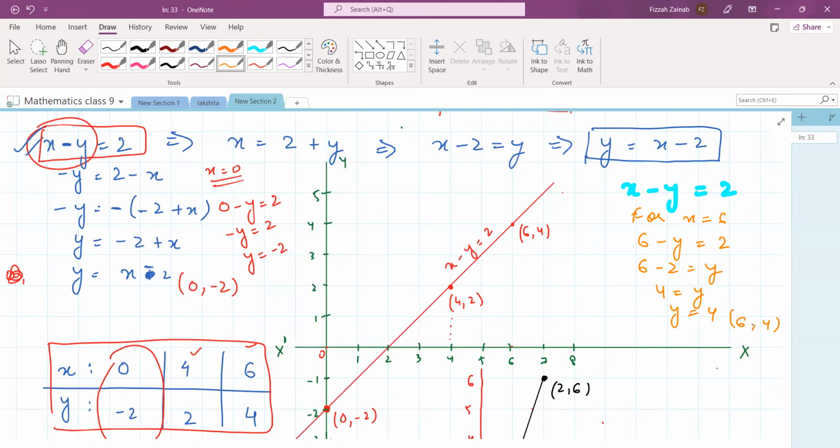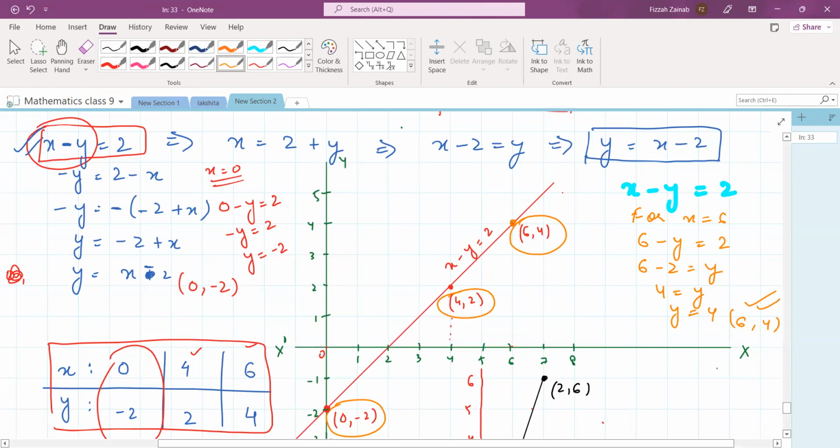Now, if you look at the same point, this is my point 6, 4, right? This is my point 0, minus 2. And again, if you take x is equal to 4, you will get y is equal to 2. So this is the point. So where are they falling actually? You can see all the solutions which you are getting algebraically, they all lie on this line, isn't it?